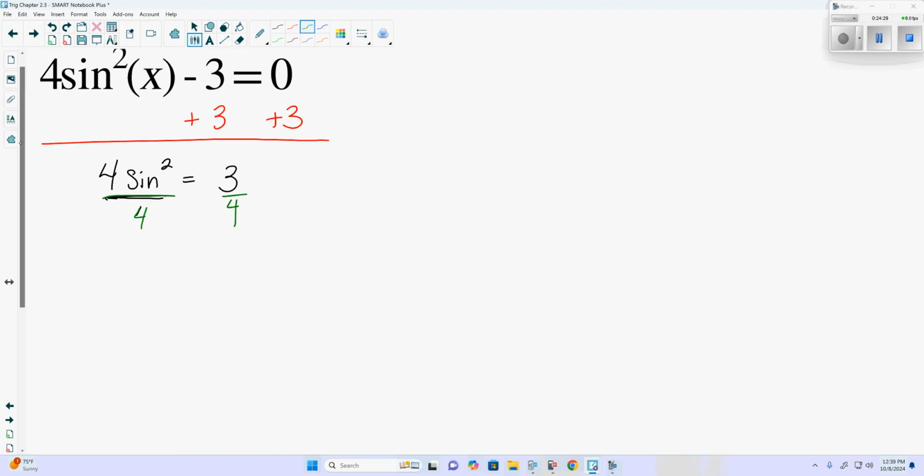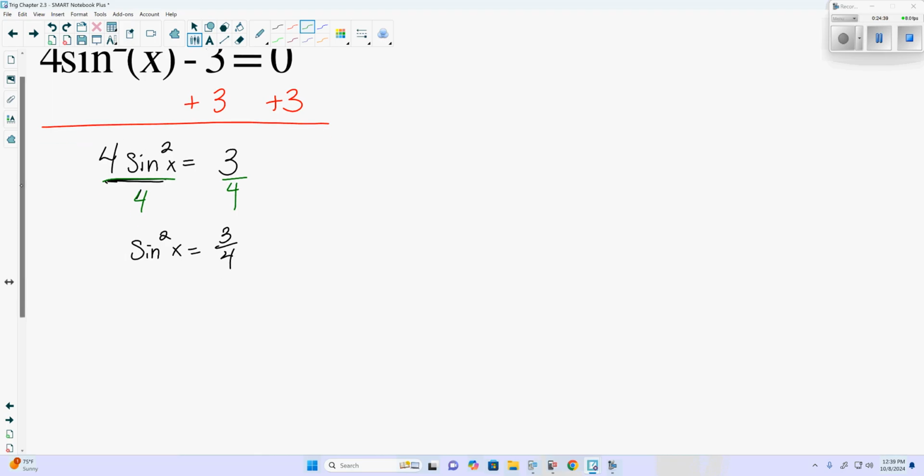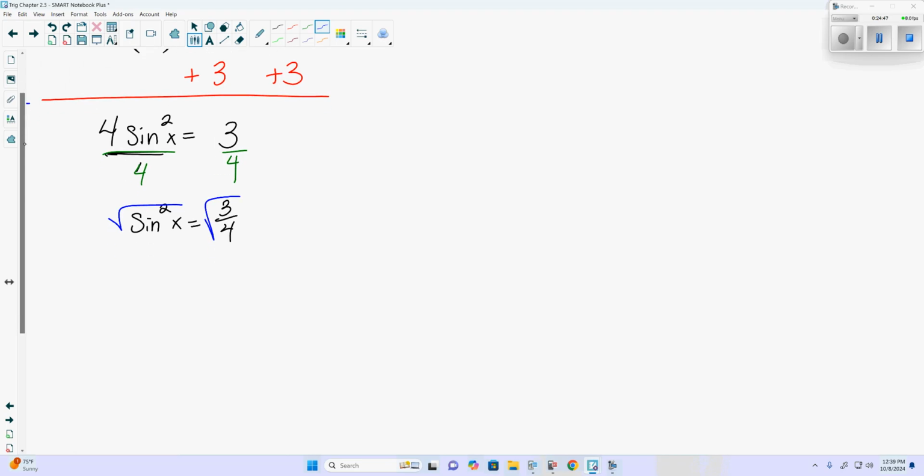And when we divide both sides by 4, we get that sine squared of x is equal to 3/4. And lastly, we would square root both sides. Now the square root of sine squared is just going to be sine of x is equal to plus or minus. Now we need to take the square root of 3/4.